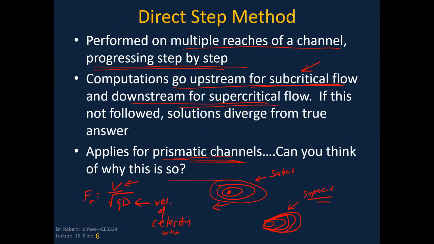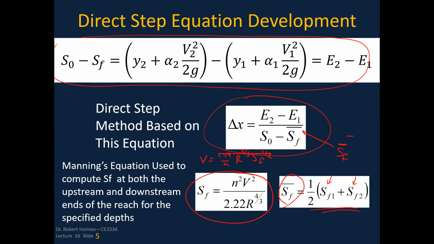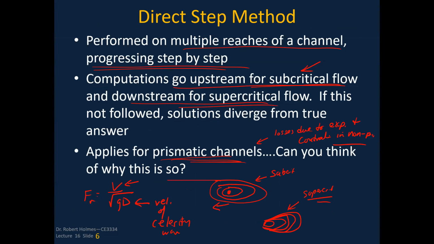And if we look at this equation, we have no ability to handle it, because as you know, we're going to have losses due to expansion and contraction in non-prismatic channels. The only losses that we can account for are those due to friction. We don't have any ability to account for the losses due to expansion and contraction.